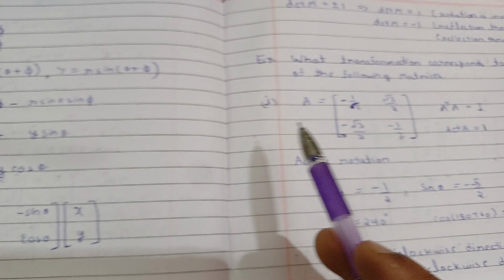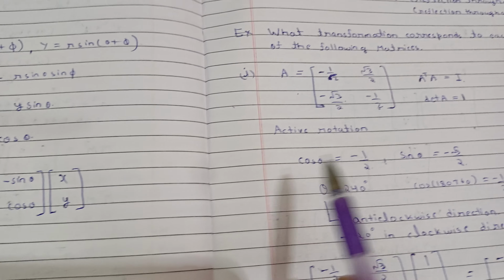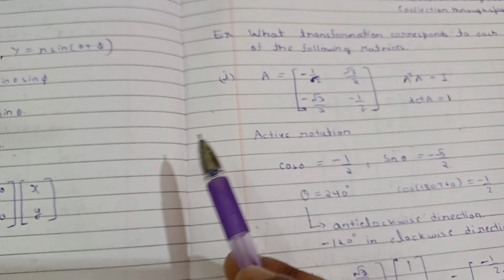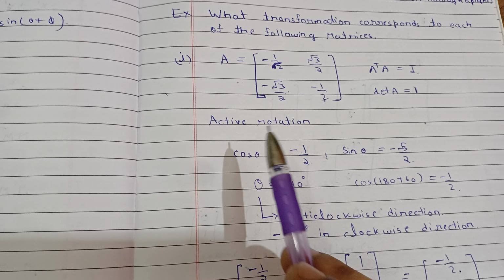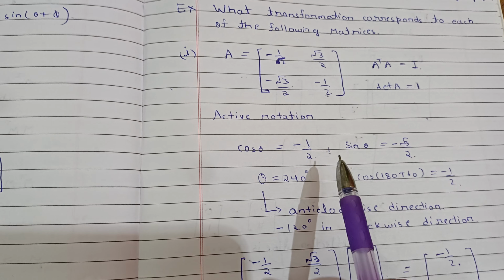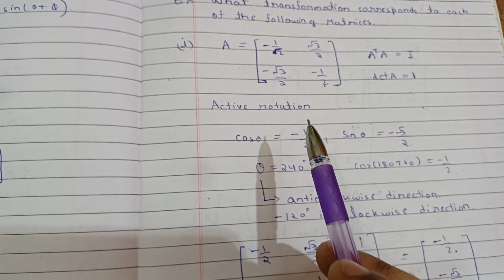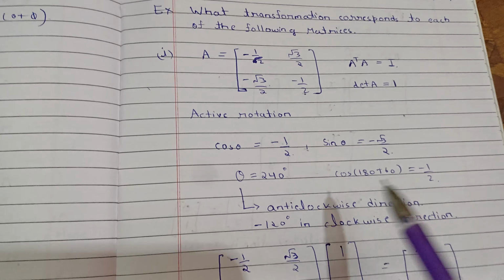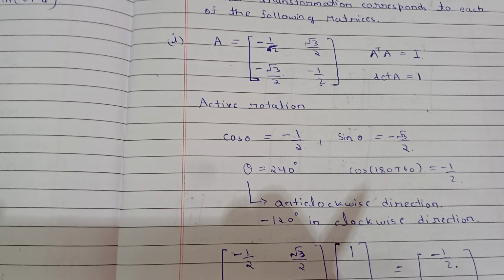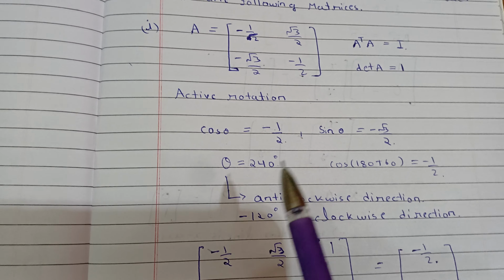From here cos theta equals minus 1 upon 2, and minus sin theta equals root 3 upon 2, so sin theta comes out as minus root 3 upon 2. If it is given that it is active rotation, then you will get the rotation of that vector. If it is given that it is passive rotation, then you compare with this matrix and find the theta, and for that the plane will be moved or rotated.